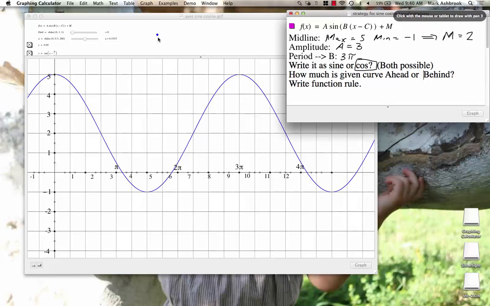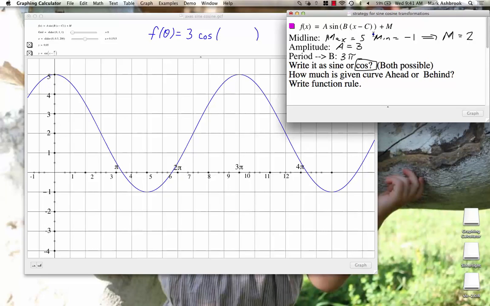So we'll call it f of theta. Amplitude? 3. We're going to write cosine of. With cosine, is it shifted left or right? Is it lagging behind or going ahead of cosine?